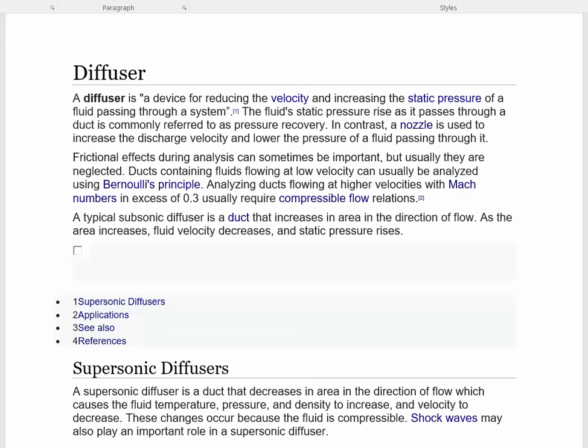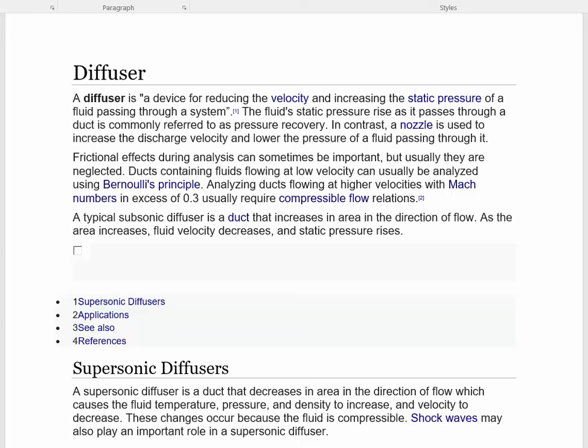In contrast, a nozzle is used to increase the discharge velocity and lower the pressure of a fluid passing through it. The frictional effect during analysis can sometimes be important, but usually it is neglected.